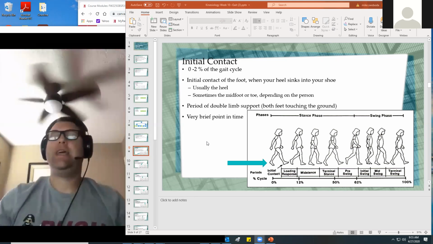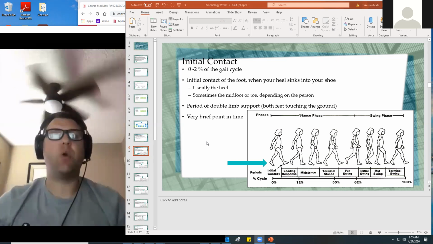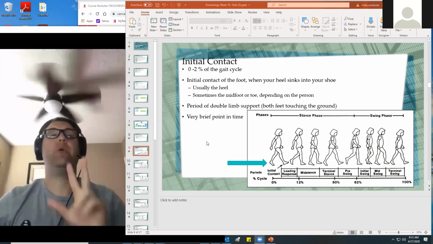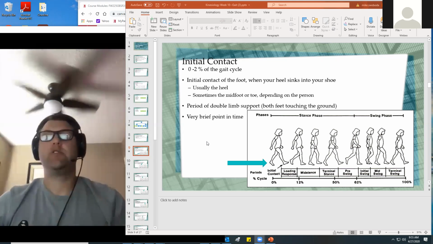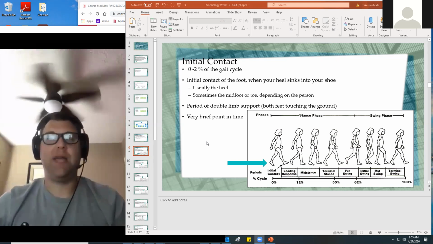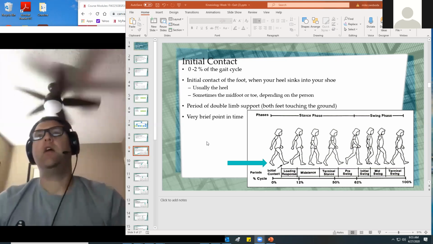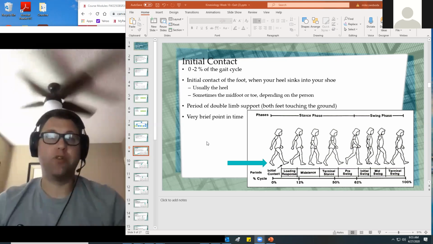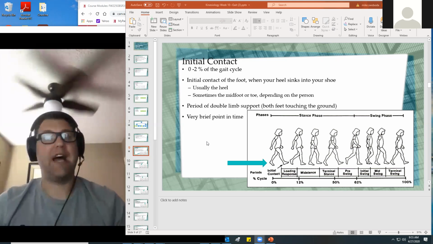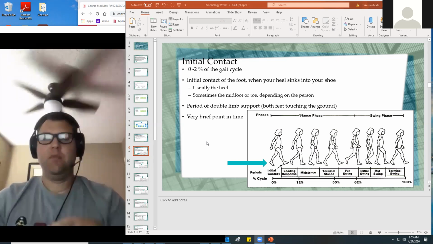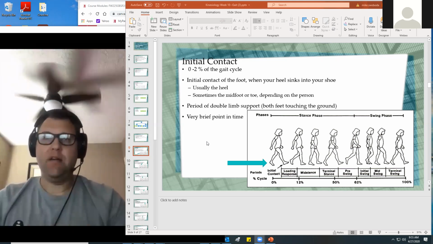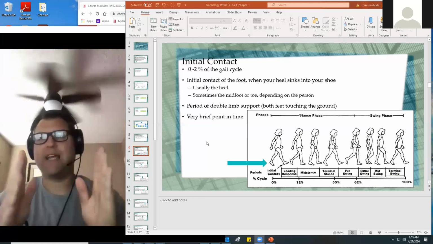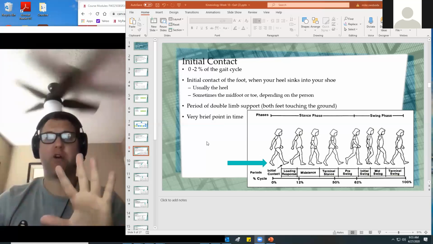A typical walking pace, so an average walking pace for most adults, is about 3 miles an hour. So that is your typical walking pace. While there are some exceptions, like if you're a world-class speed walker, you can go faster. But in general, average speed to differentiate running from walking is about 5 miles an hour.